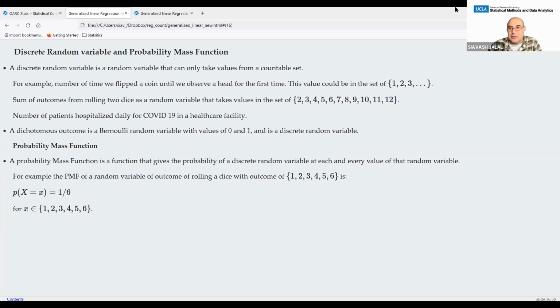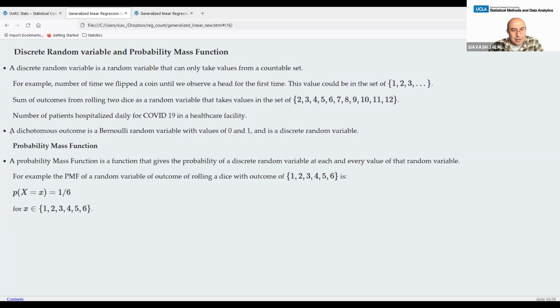That also is a discrete random variable, right? It's countable. Not necessarily counts, but it is discrete. A categorical variable with 3 levels also is discrete, because you can get, for example, green, yellow, and blue outcomes, right?